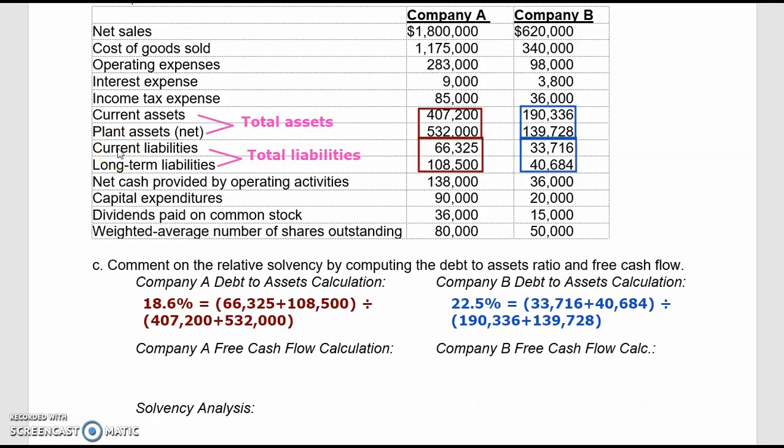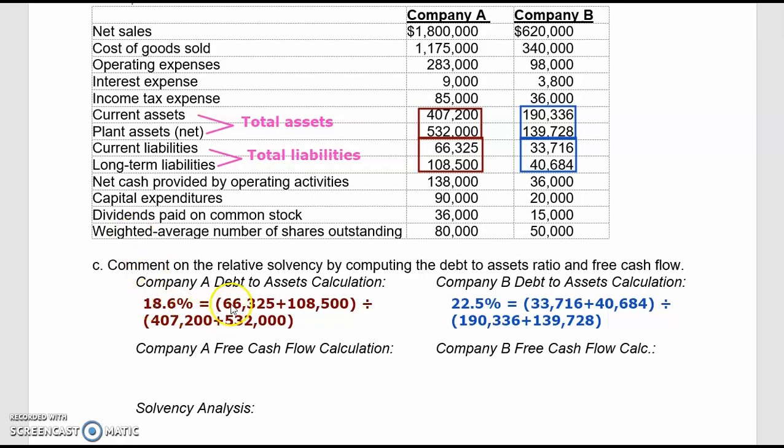For the debt to assets ratio, we first need to compute our total liabilities by adding together our current liabilities and our long-term liabilities. Then we need to compute our total assets by adding the current assets and the long-term assets. So in this example, those represent the plant assets.